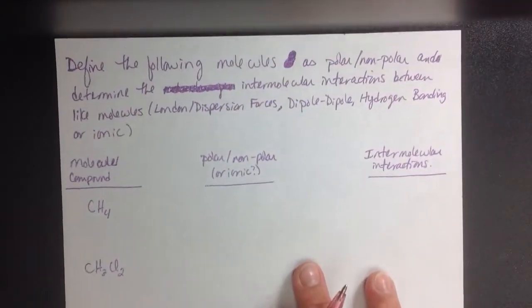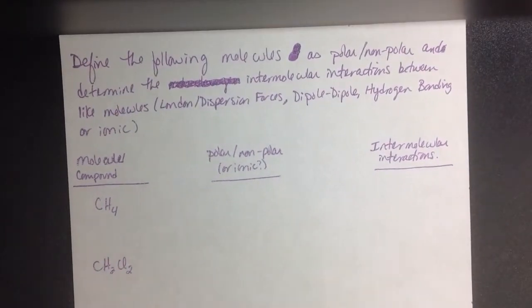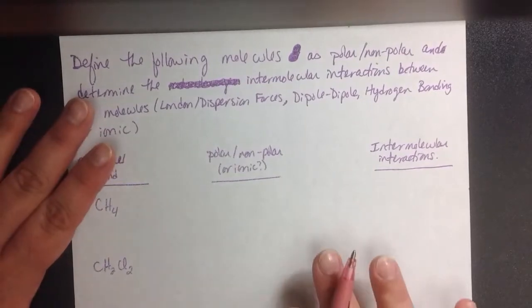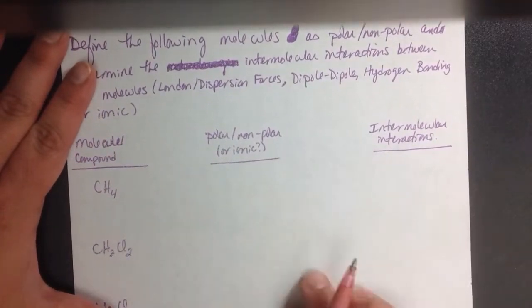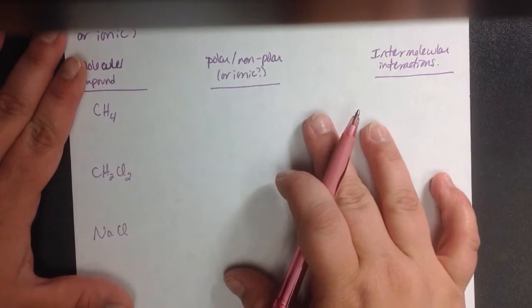Last page. So we're going to define the following molecules as polar or nonpolar and determine the intermolecular forces between like molecules. So again, you should probably do the Lewis dot structures first and then look at things. If you're having confusion at that point, or with these answers, you might want to go back and try that.